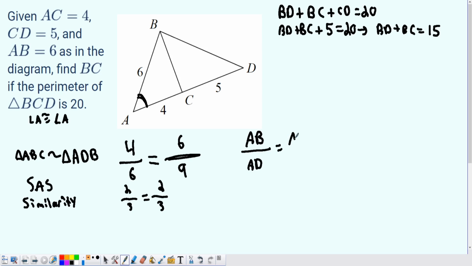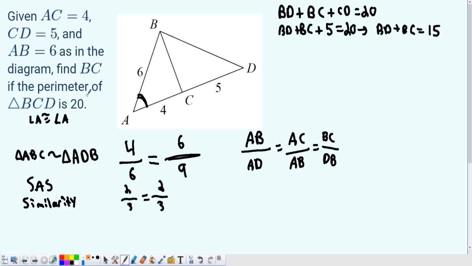And AC would match up with AB. Then finally, we would get that BC. And again, the top parts are coming from the smaller triangle, ABC. BC would match up with DB, the remaining side.